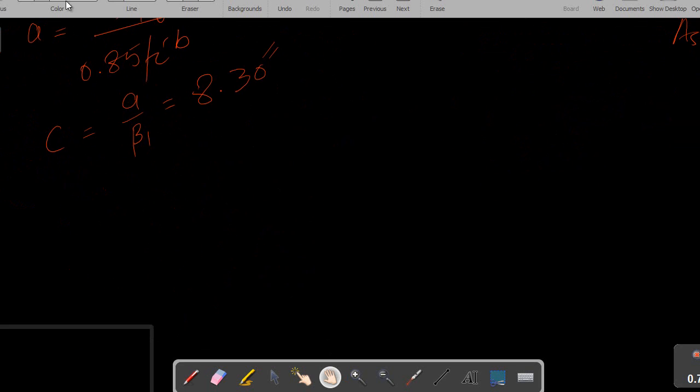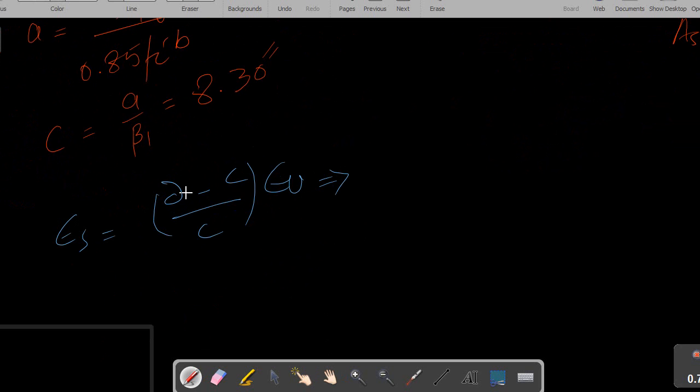Now I am able to calculate the value of epsilon s. The epsilon s value is (d minus c) divided by c, times epsilon u. We know all the values: d is 26.75, c is this value, and epsilon u is 0.003. From this, the epsilon s value is 0.006, which is well above the epsilon y value.